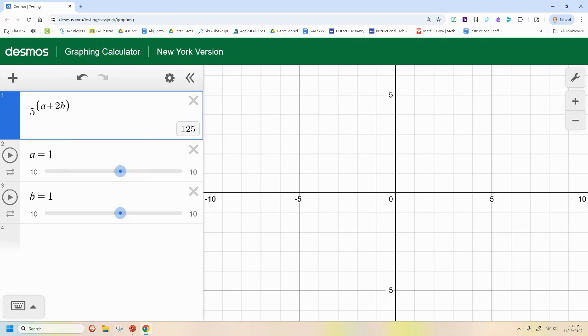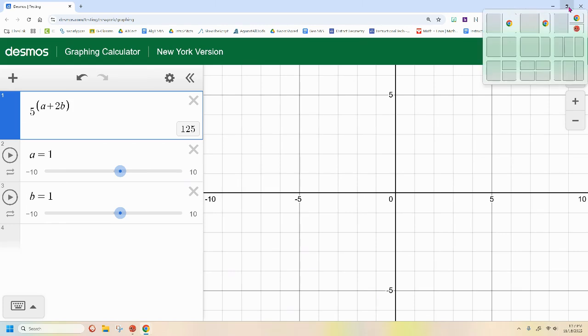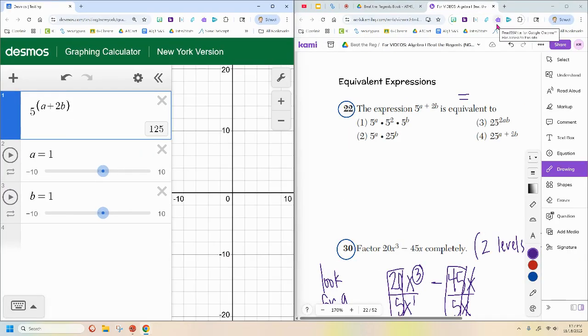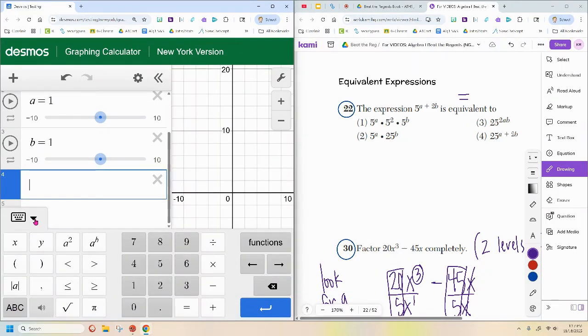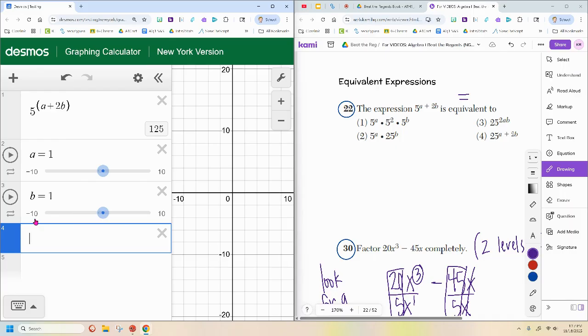All right. Now we're going to go back to the question. This is the original expression that we were given. What we're going to do is try each choice. I'm down here in line 4, and I'm going to utilize my keyboard. So I have 5 raised to the A, and then times.